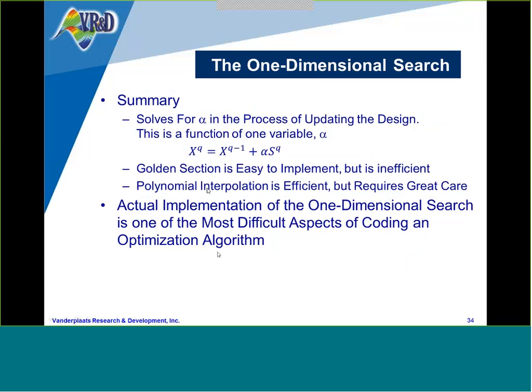So to summarize, we're going to find the single parameter alpha that will minimize f of x plus alpha s, and we're going to update the design by moving that distance. It turns out that the actual implementation of the one-dimensional search is probably the most difficult part of coding an optimization algorithm.